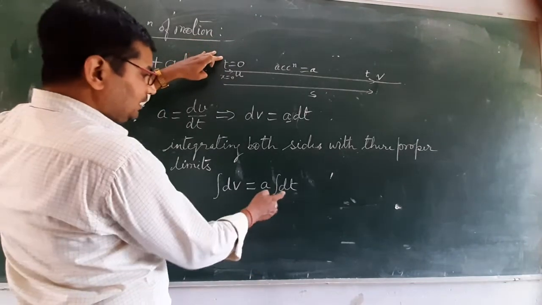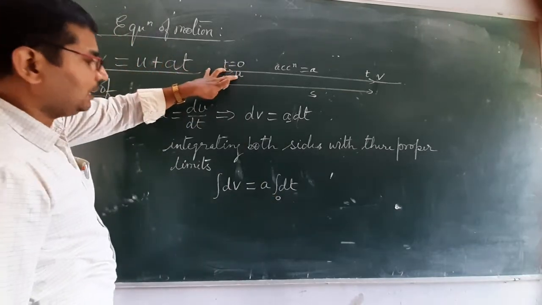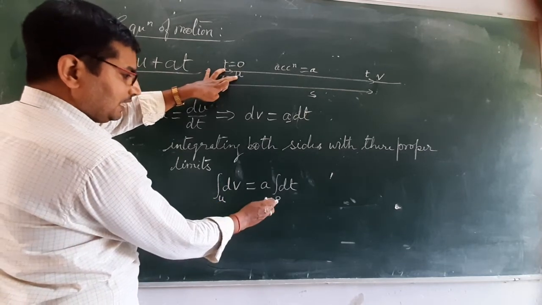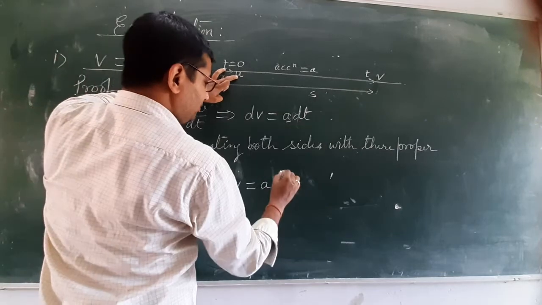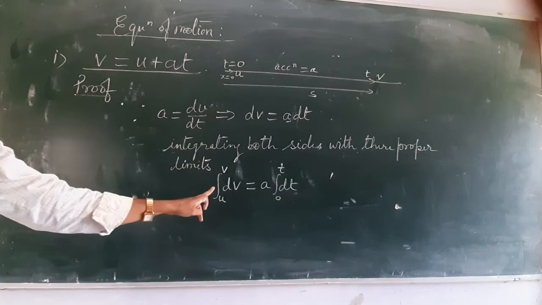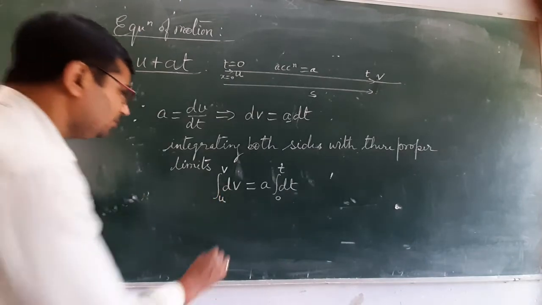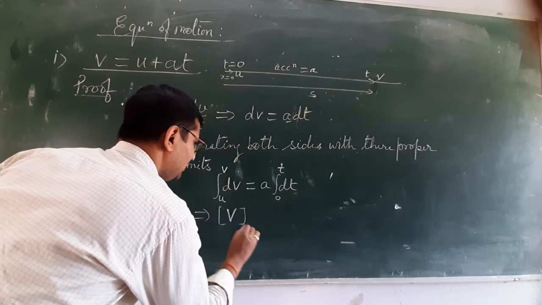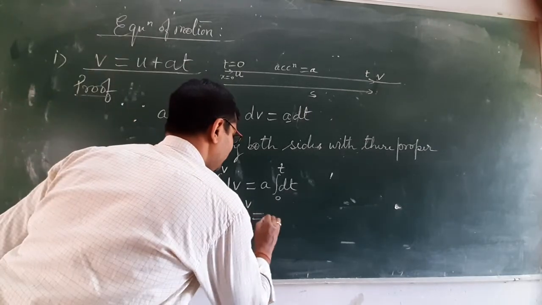The lower limit of time is 0, and the lower limit of velocity, the initial velocity, is u. Means at time t equal to 0, the velocity is u, and at time t equal to t, the velocity becomes v. You know, integration of dx is equal to x, so integration of dv is equal to v, from lower limit to upper limit, equal to a.